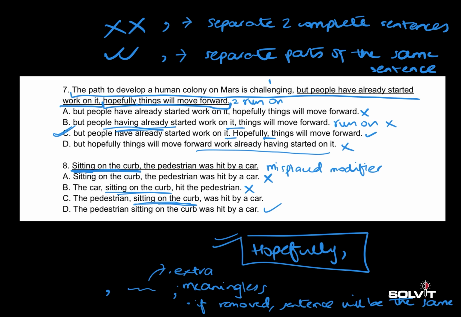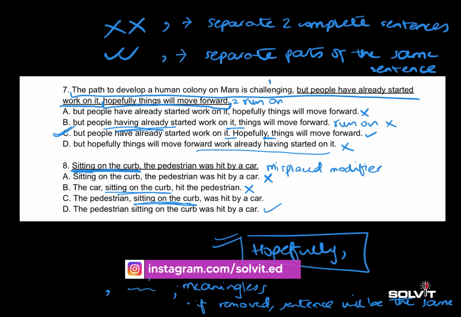Okay, what that means is whenever you enclose a phrase or a word in commas in a sentence, when there's a comma on either side of it, that means that the information between the commas is extra, it's not really needed. And if you remove that information, the sentence will still remain complete, and the meaning of the sentence will not change, right? It will still mean the same thing.